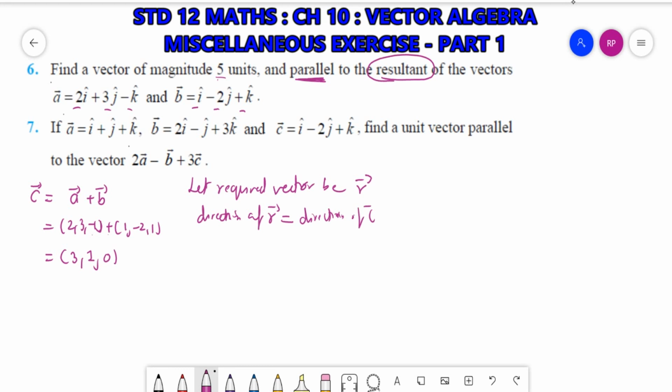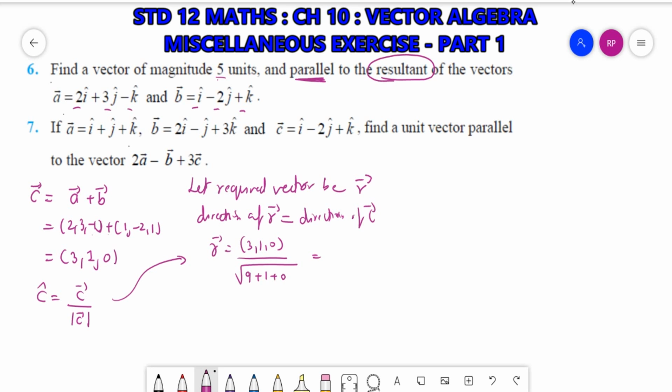So direction of R will be equal to direction of C, because R and C are parallel. I can write down that unit vector C will be equal to vector C upon magnitude of C. So this is the direction, right? So this will be equal to under root of 3 square, that is 9, plus 1 square, that is 1, plus 0.